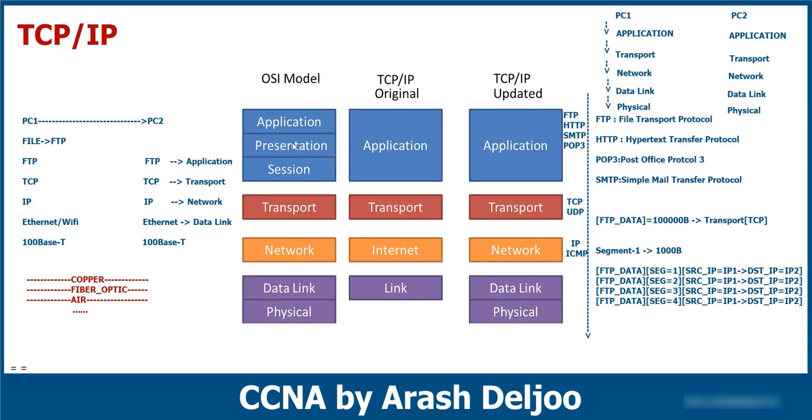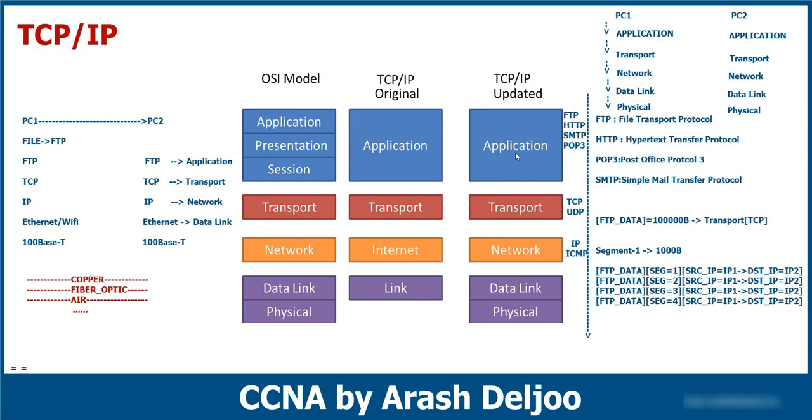Let me talk a little about the OSI. Look at here. In OSI, we had these steps: application step, presentation step. As you can see here, because these steps start from the application, then transport, then network, then data link, then physical, we can imagine these steps as layers.